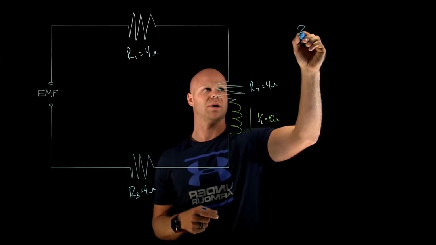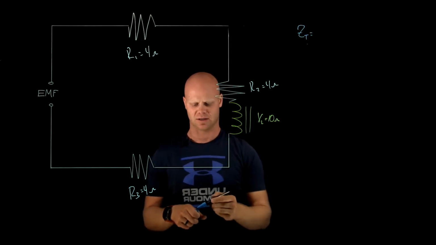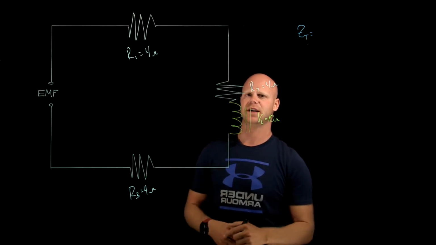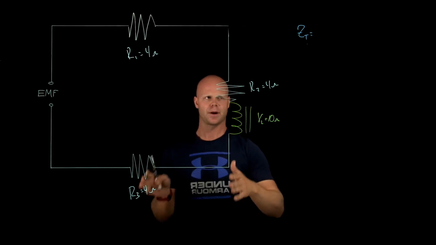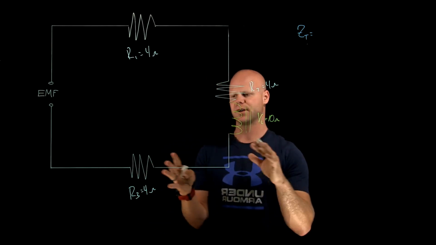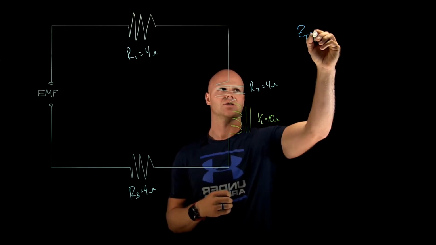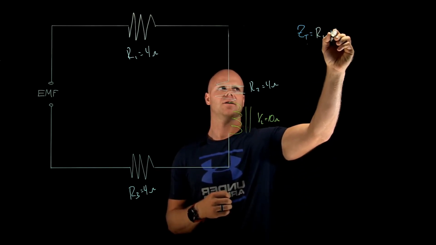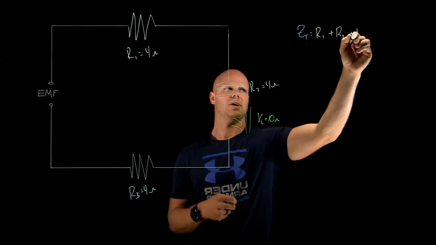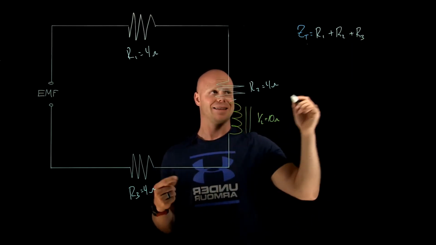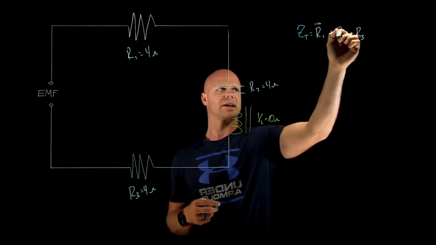My total circuit impedance is going to be a factor of all of these devices at their appropriate phase angles. In a series circuit, my total opposition is just added directly together. So I will have R1 plus R2 plus R3 at their appropriate vectors.